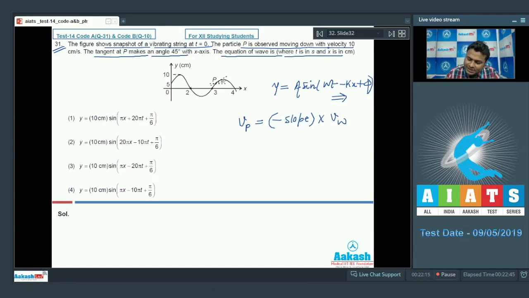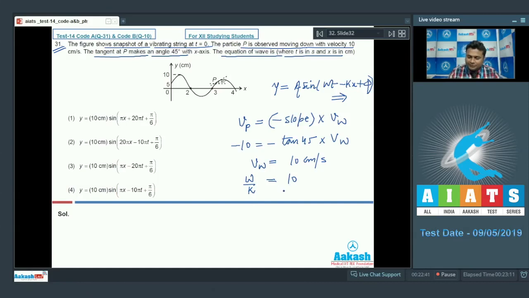So since it is moving down with velocity 10 cm per second, minus 10 equals minus slope, that is tan 45, into VW. So from here we got the value of VW as 10 cm per second. We know very well omega by k is known as wave velocity, that is 10.